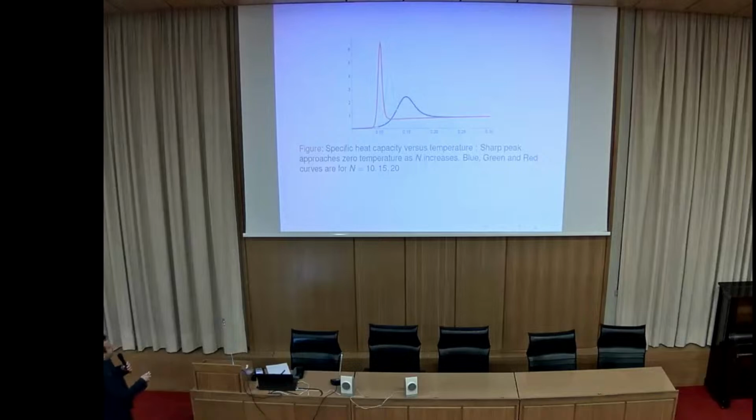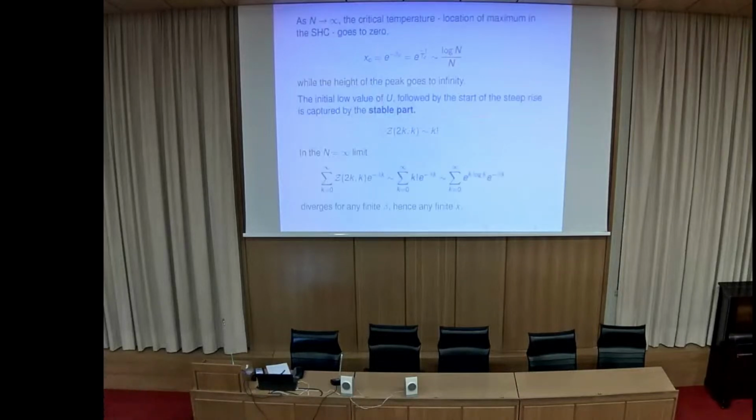That is expected, because in the infinite n limit this peak will become higher and higher, and the transition temperature will go to 0. As n goes to infinity, we are in the stable limit, where the counting is basically the counting of graphs that doesn't know about these finite n effects.